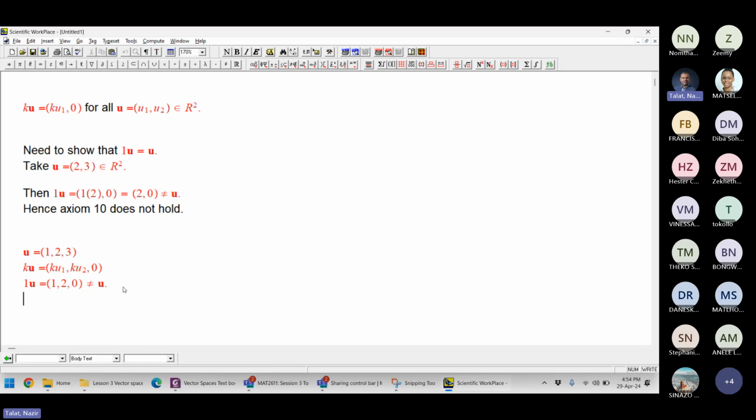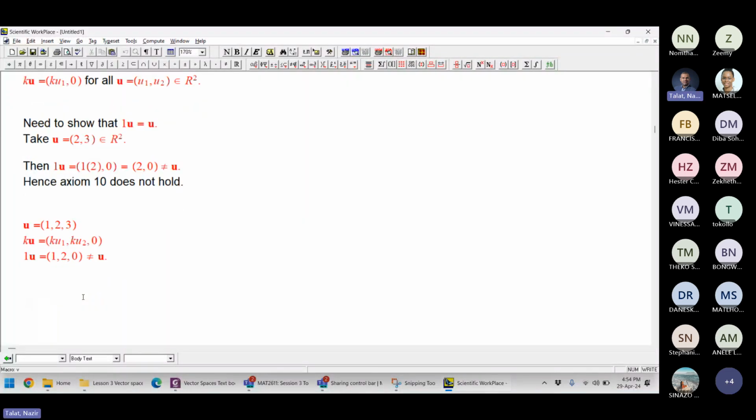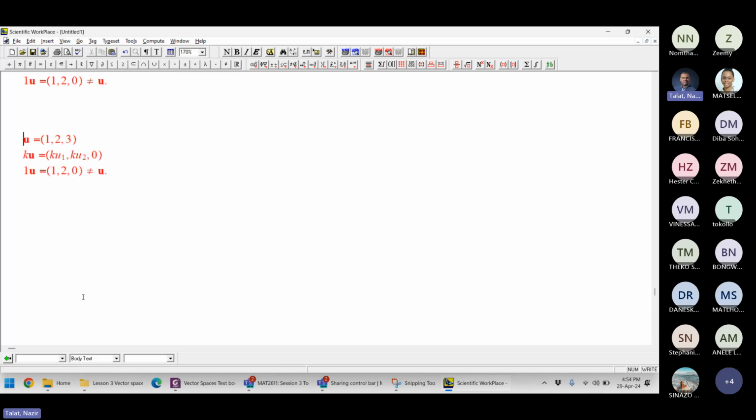If someone says, oh, I am taking u equal to, for example, 1, 2, 0, then what about 1 times u? In this case 1 times u equals u. Understand? If I pick u equal to 1, 2, 0, then 1 times u is equal to u.